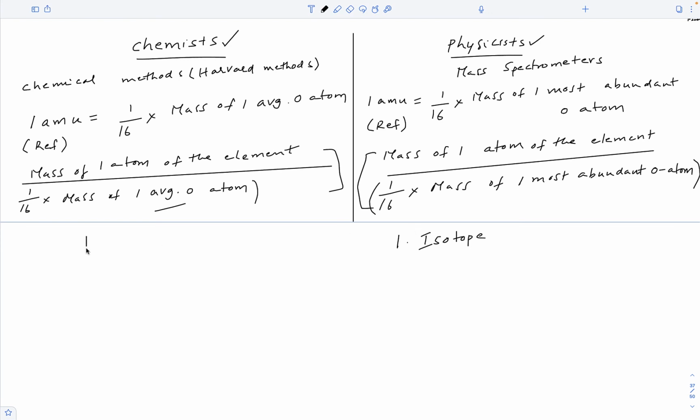And as usual, chemists said they cannot afford big changes to their atomic weights. The atomic weights on the new scale must be as close as possible to their existing atomic weights, because their atomic weights are used by many people.